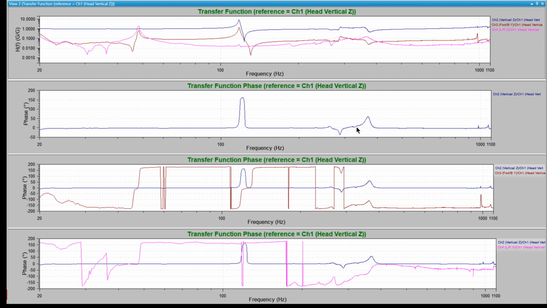The same is true with the transfer function and its phase. And in this graph I looked at phase of channel 2 to channel 1 and channel 3 to channel 1, channel 4 to channel 1 in different plots, keeping the channel 2 and channel 1 in each graph just so you have a comparison of how they were looking.